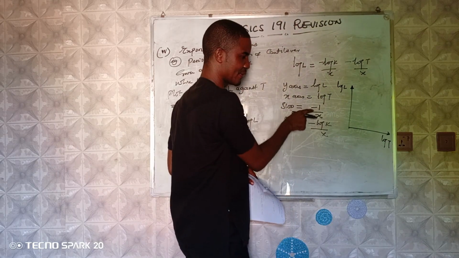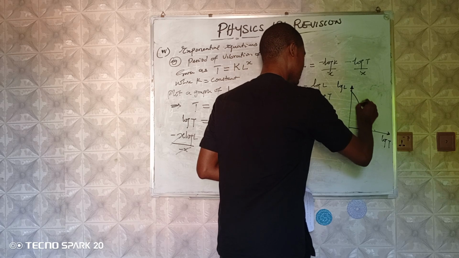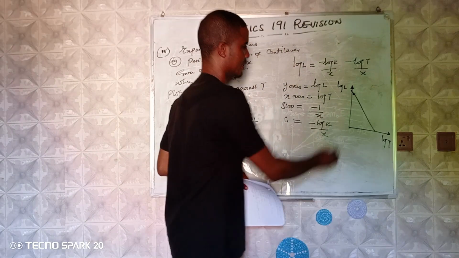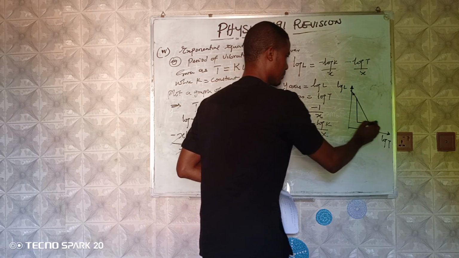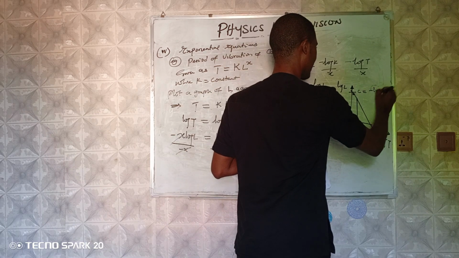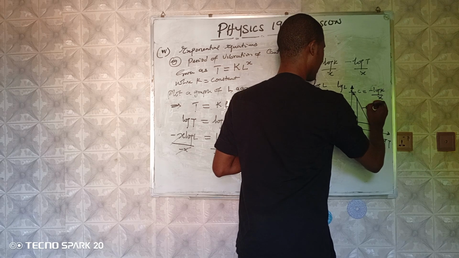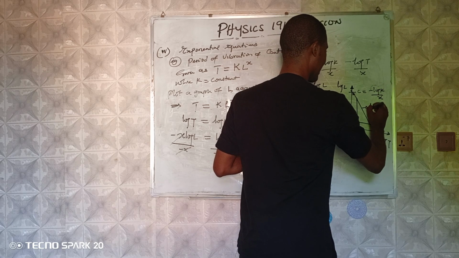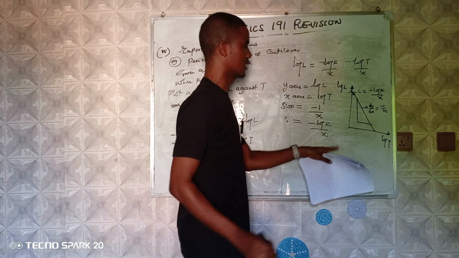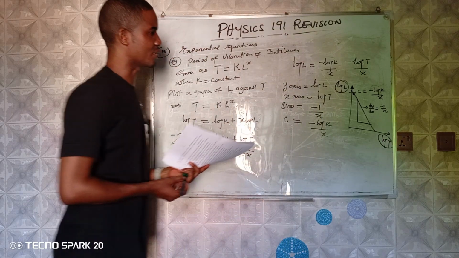It's a negative slope. You see that? I take my intercept c here to be minus log k over x. My slope is the y over the x, which is equal to minus 1 over x. So this is my y and this is my x. That's how it's going to be.